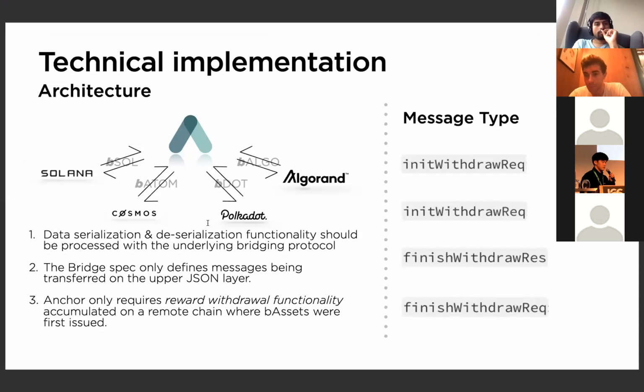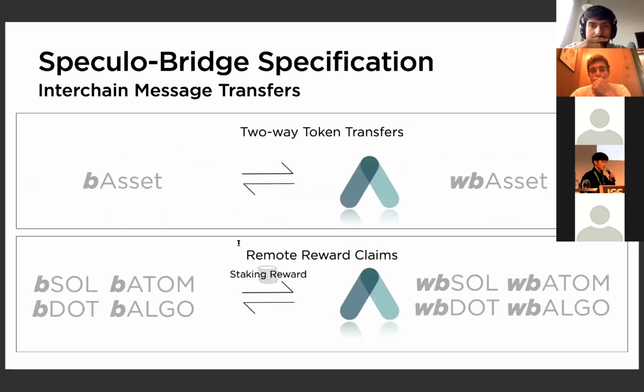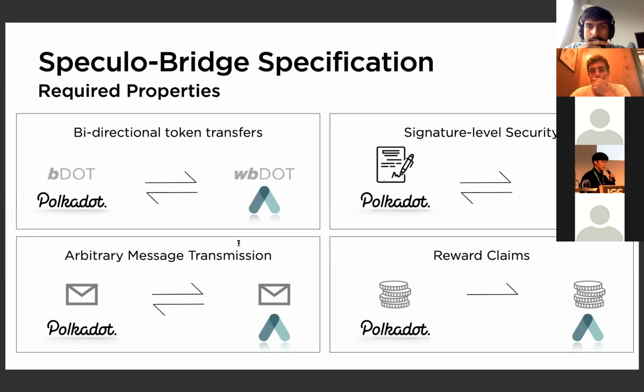So I guess what I'm curious about is, if you go to the other slide that lists the various requirements, token transfers, signature level security, that particular slide. This one? Yeah. Could you explain what signature level security and arbitrary message transmission is?